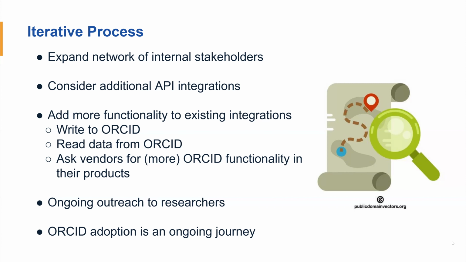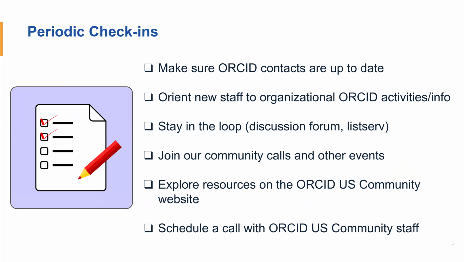And then finally, I'll wrap up with the next slide, which is just to keep in mind kind of periodic check-ins with your ORCID activity. So if you are an ORCID member, make sure the contacts that we have on file for your organization are up to date. If you get new staff members that are going to be working on ORCID projects, make sure they're up to speed with what your organization is doing.